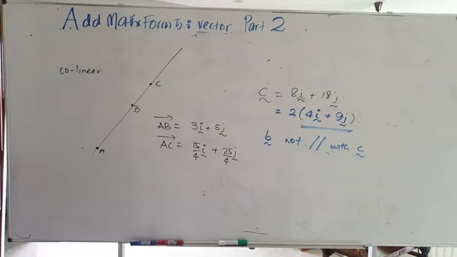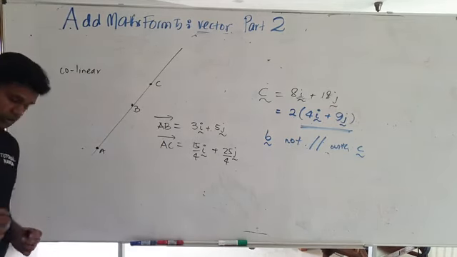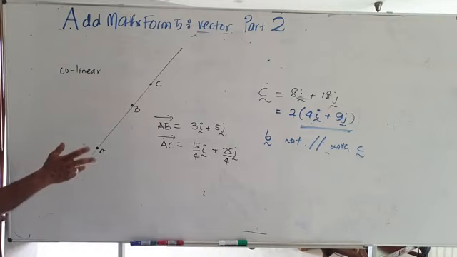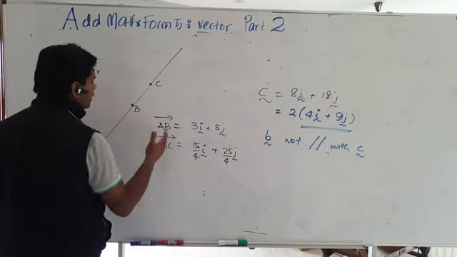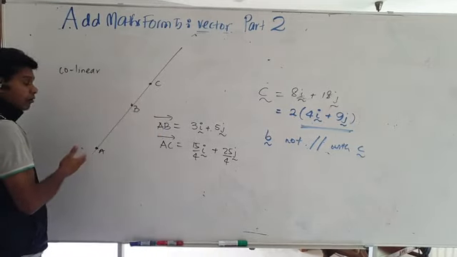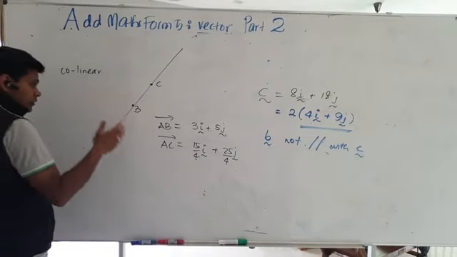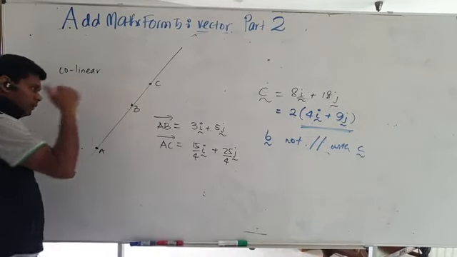Assuming those are my own numbers. Now you need to find out whether A, B and C are on the same straight line, which means whether A, B and C are collinear.